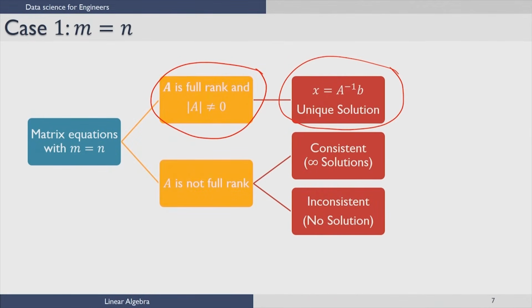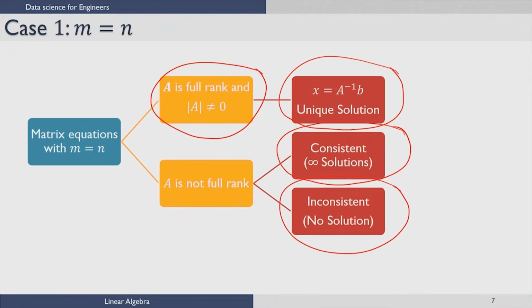One situation is what we are going to call a consistent situation. I will explain this through an example in later slides. When you have a consistent situation, then you will have infinite number of solutions. There could be many solutions for Ax equal to b, and in the case where the system of equations becomes inconsistent, there will be no solution to this problem.